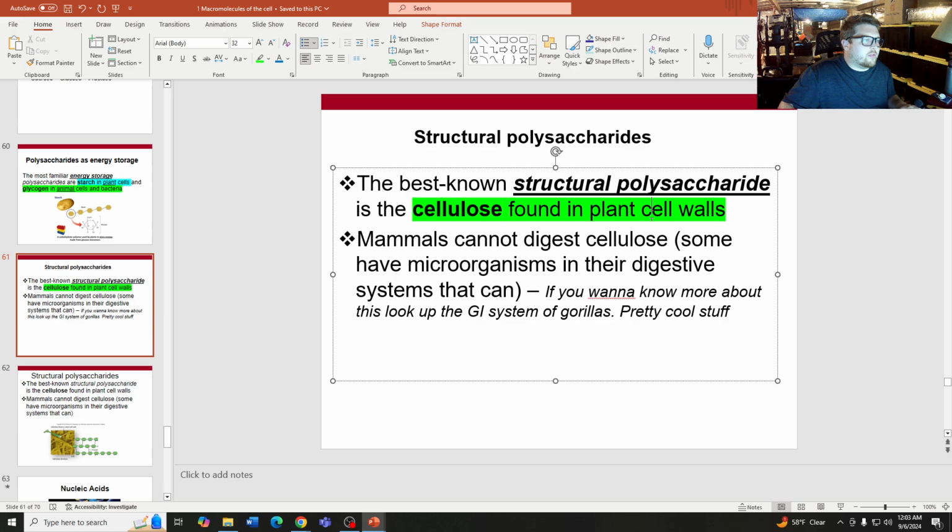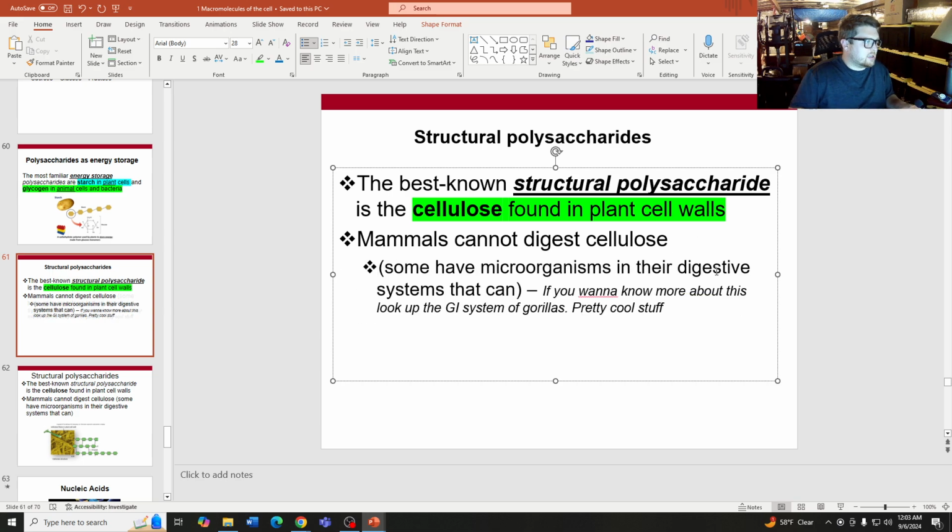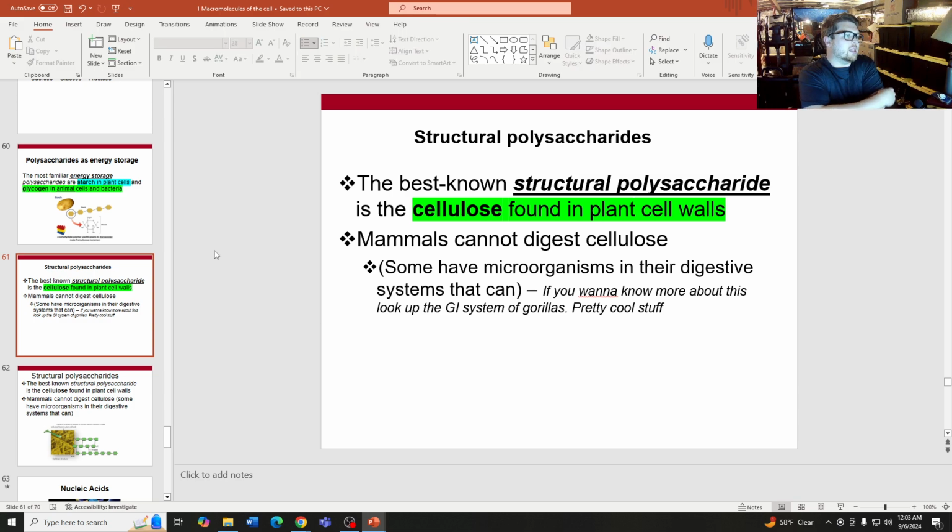So we have the phospholipid bilayer. Plants usually have some type of lipid bilayer, as well as a cell wall, which helps keep their more rigid composure. And mammals cannot digest cellulose, although there is kind of an exception to this. Some animals do have microorganisms that can digest this stuff, like gorillas are really cool.